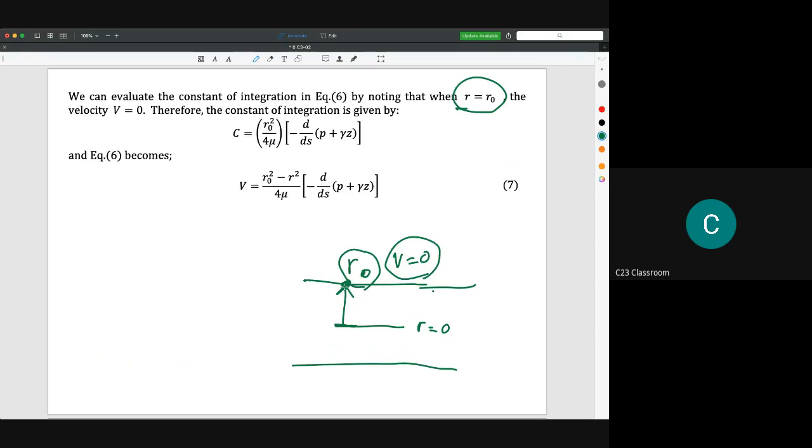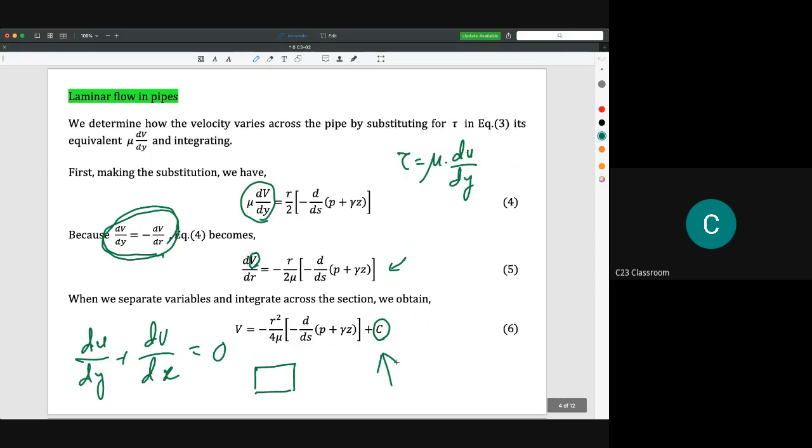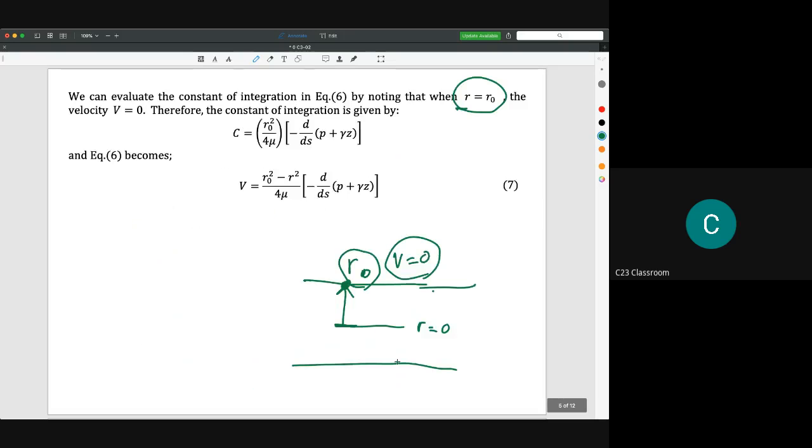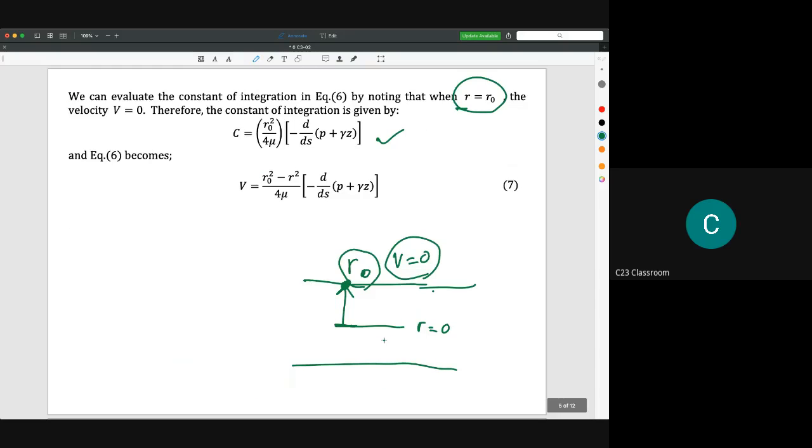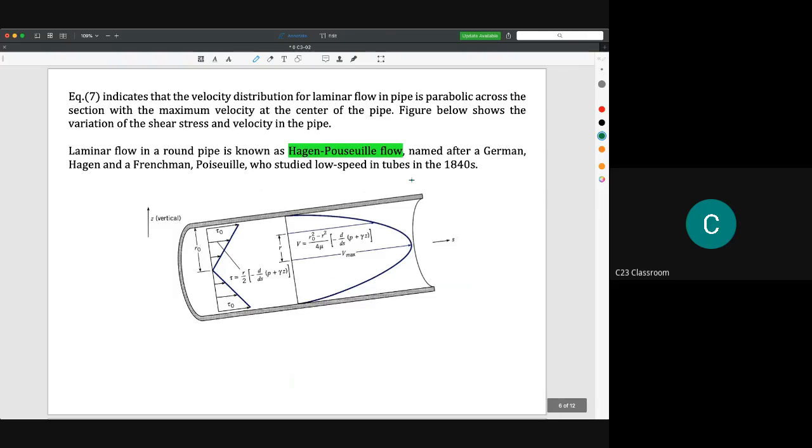So we substitute into the previous equation and find the value of c, and then we substitute the value of c again. Then we get the velocity for the flow in a pipe, which is the common equation for the Hagen-Poiseuille flow.